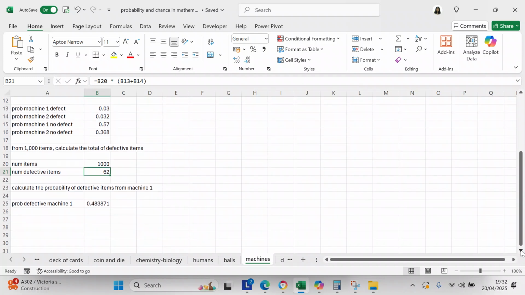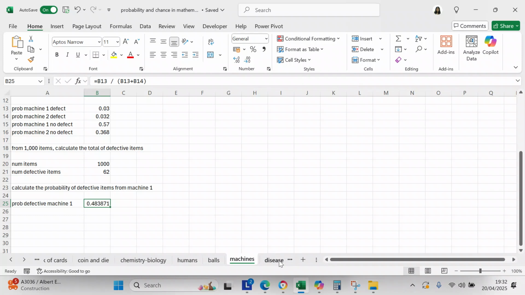And then it says, calculate the probability of defective items from machine 1. And probability of defective items from machine 1 equals B13 divided by B13 plus B14, and it's 0.483871. So that's your question about Bayes' theorem and machines.